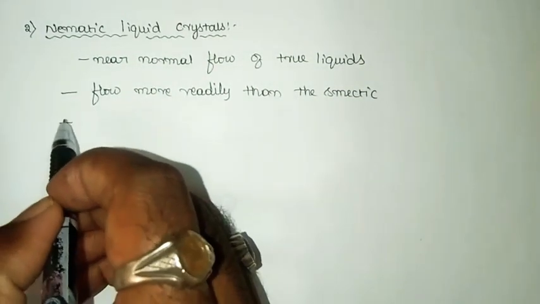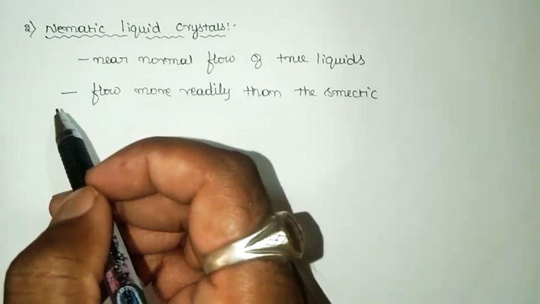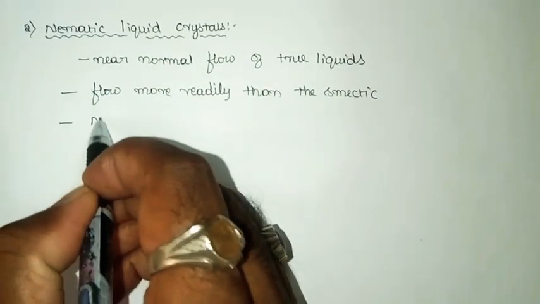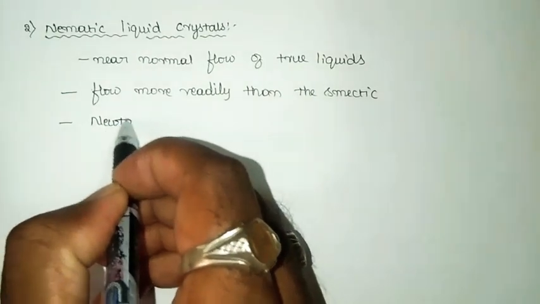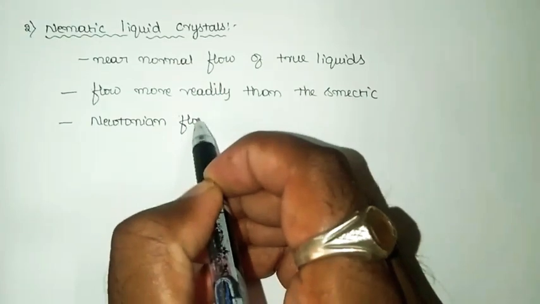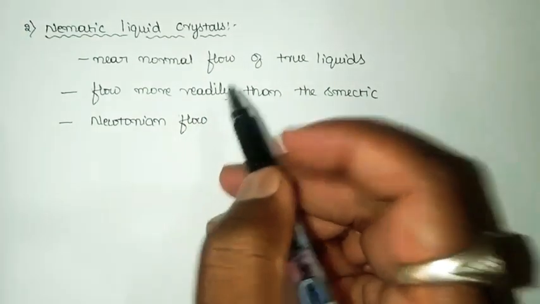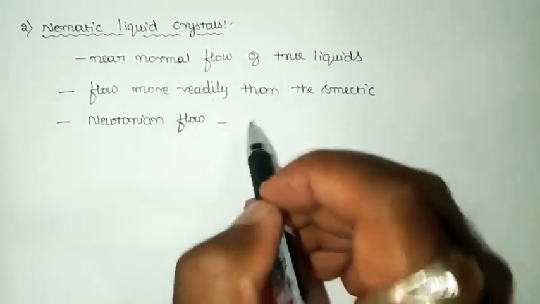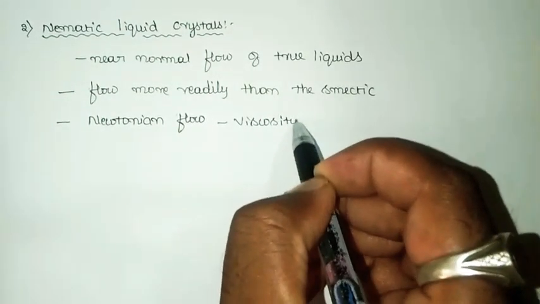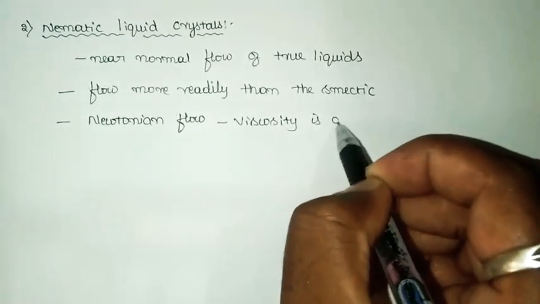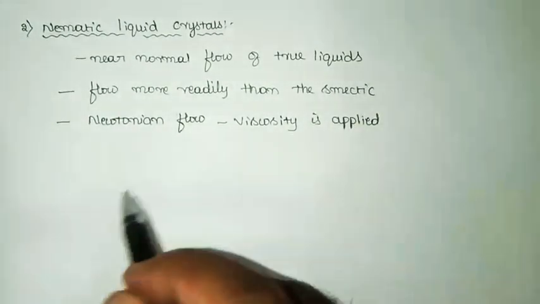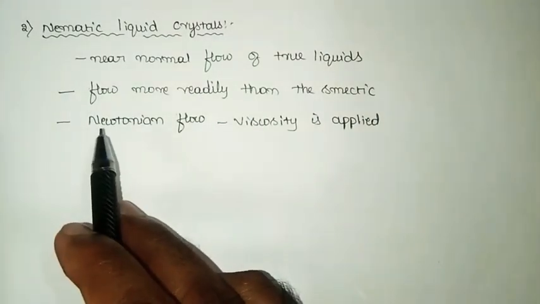We said smectic liquid crystals have a non-Newtonian flow, but nematic liquid crystals have Newtonian flow. That means the viscosity appears due to stress, and that's why we can apply the concept of viscosity to nematic liquid crystals, but we cannot apply it to smectic liquid crystals since their flow is non-Newtonian.